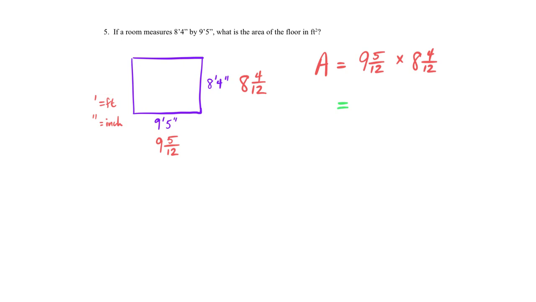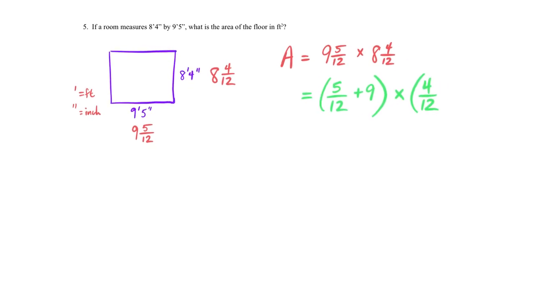For most of us on our calculator, if we calculate our 5 divided by 12, and then we add that on to our 9 full feet, use the brackets to do the same thing. Now I will calculate my 4 divided by 12 and add on my 8 feet.